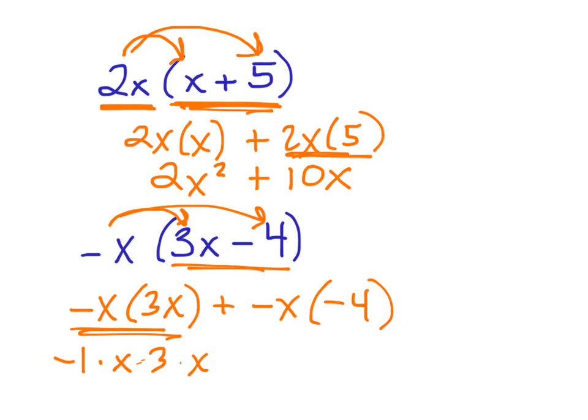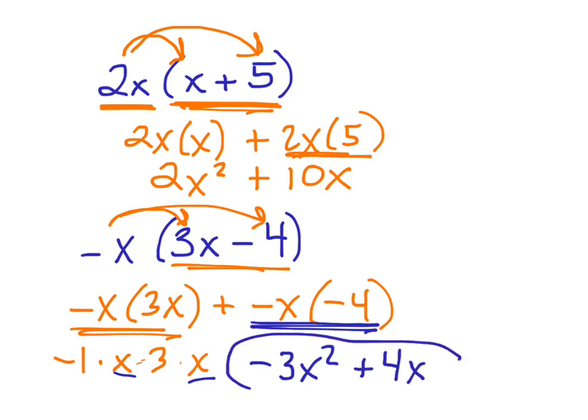The commutative property lets us rearrange the order of those terms, so that's negative 1 times 3. We can do the numbers first, so that'll be negative 3, and then x times x is x squared. And then the second term, negative x times negative 4, is negative 1 times negative 4, which is positive 4, times x. And that would be your example.